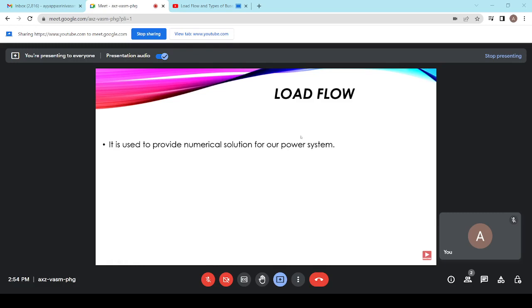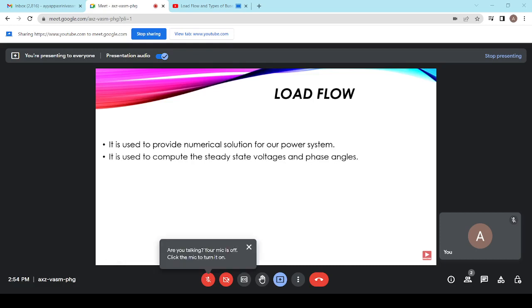For example, the single line diagram which we drew before, we would like to get a numerical solution for this system. So by using the load flow analysis, we can compute the steady state values of the voltage and the equivalent phase angle.